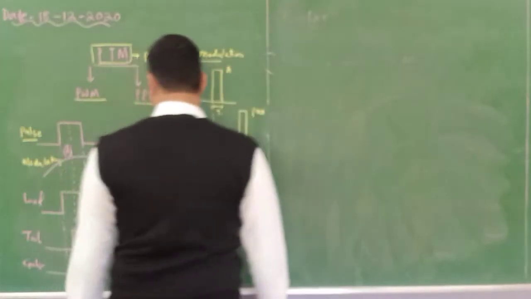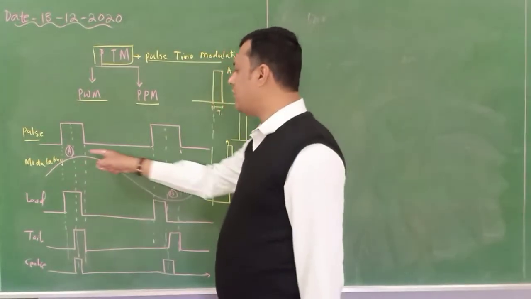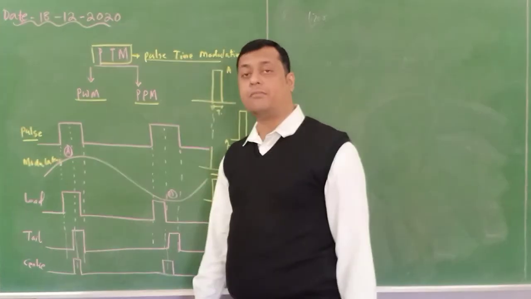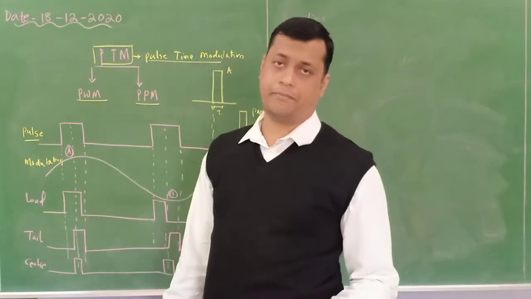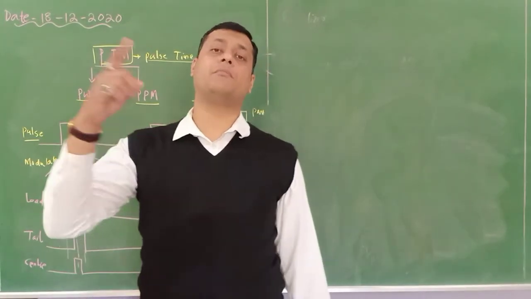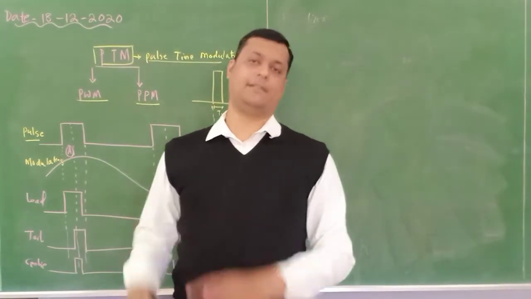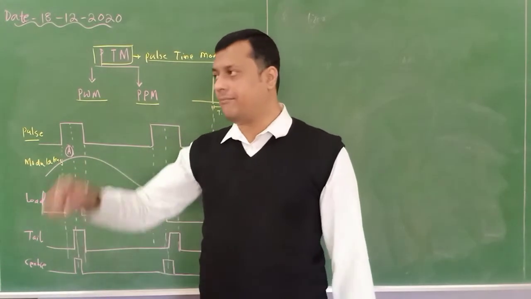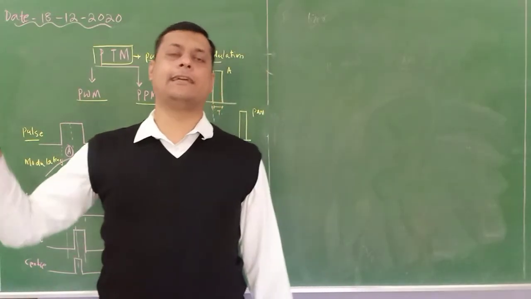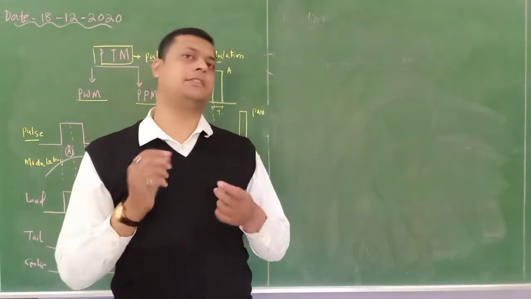So here you can see this is my modulating signal. Now in PWM, when the amplitude of the modulating signal increases, the width of the pulse will change. When the amplitude of the modulating signal decreases, the width will also change.